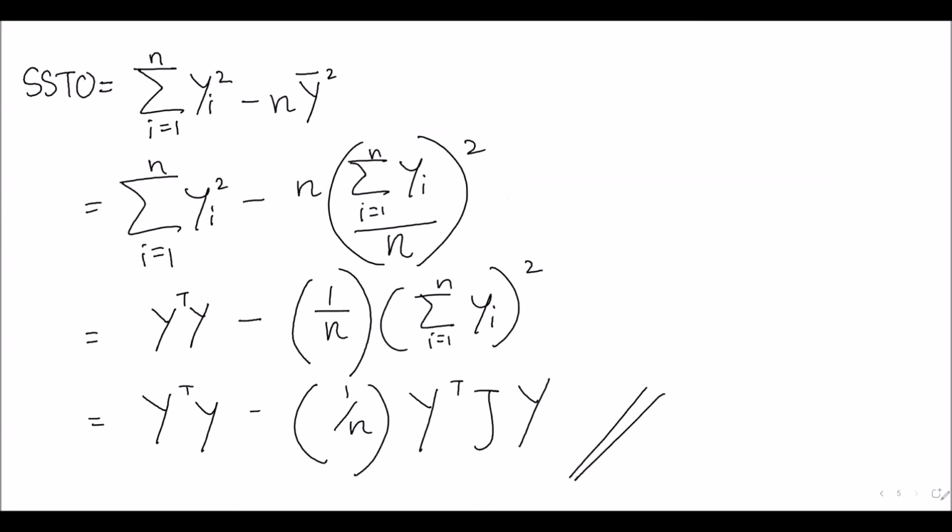Okay, I'll tell you how SSE is done. It's nothing different from the previous case. They have given SSE is equal to summation i goes from 1 to n ei squared.